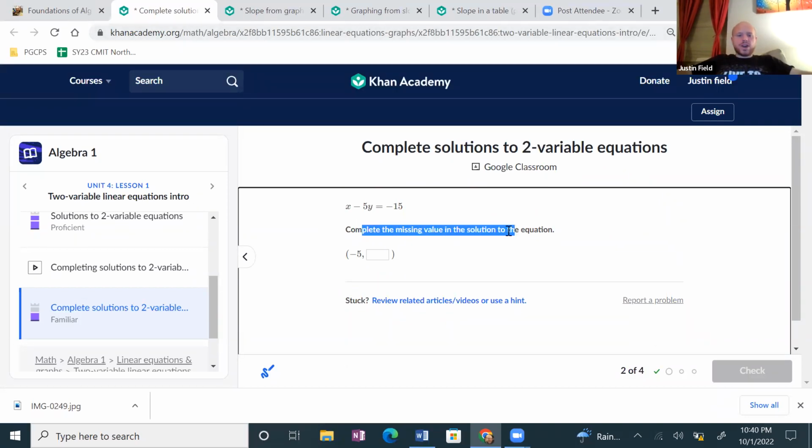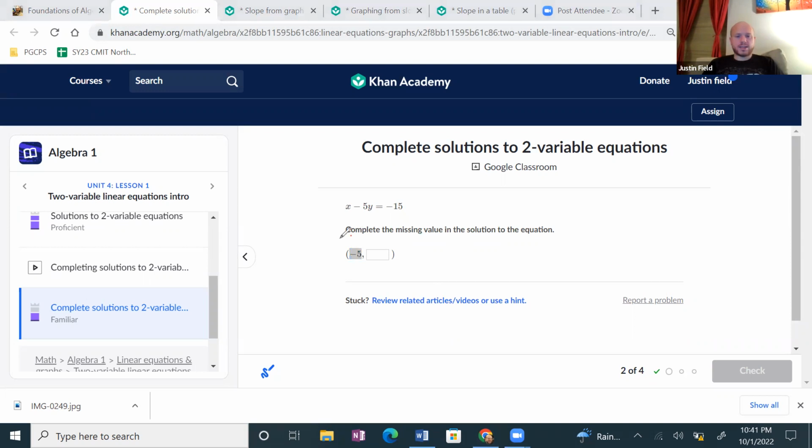And then this one is very similar. The only difference is now they give you one x and they ask you if this is your x, what would the y be? So what are you going to do? You're going to take that x, that information that you have, and you are going to substitute it. Okay, so we're going to write negative 5 minus 5y equals negative 15. And then we're going to solve. All right, so put our variables on the left, constants on the right.